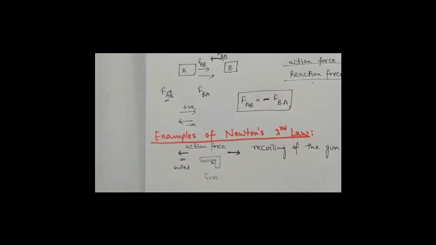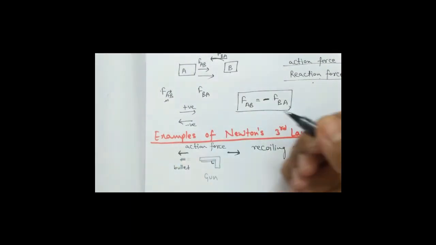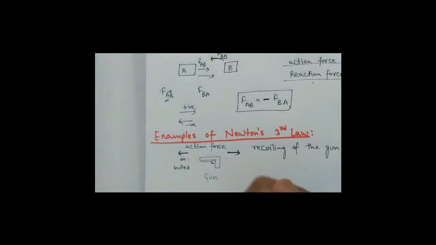In this direction. So due to this reason, when a man fires a bullet, he feels a backward jerk. Why? Because due to this action force there is an equal and opposite force that has been applied backward.